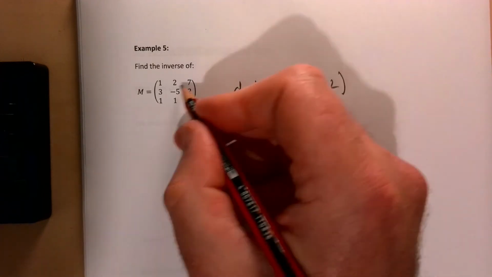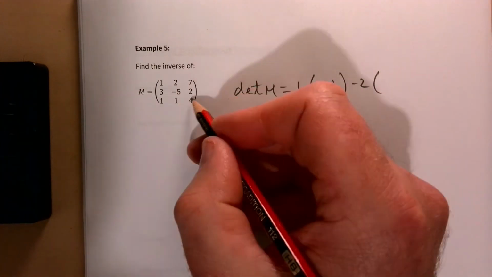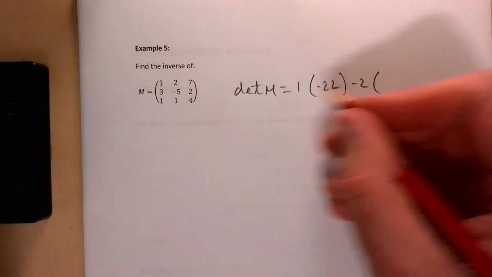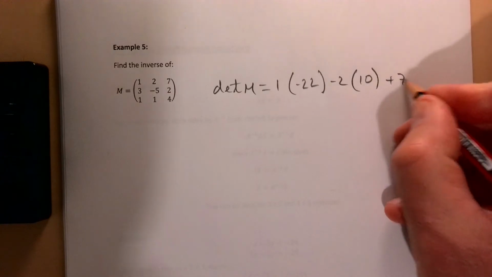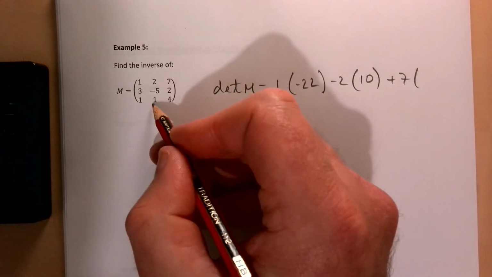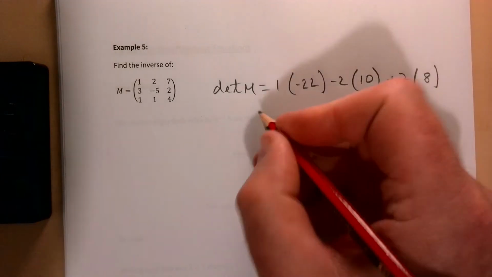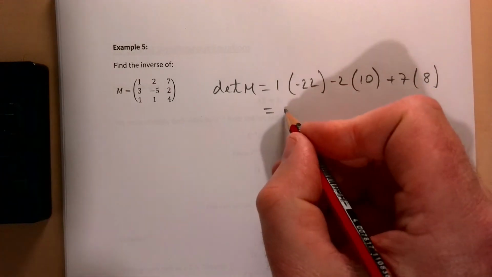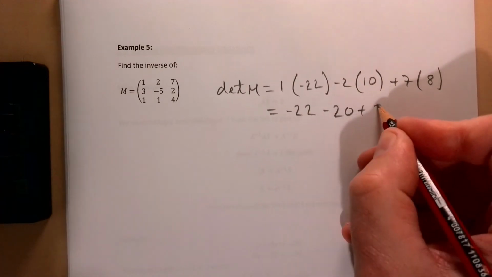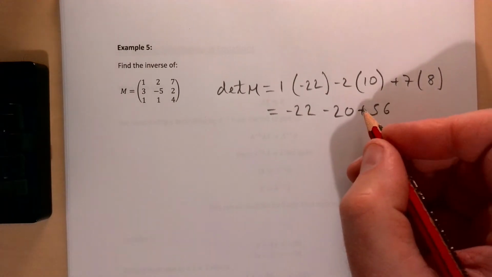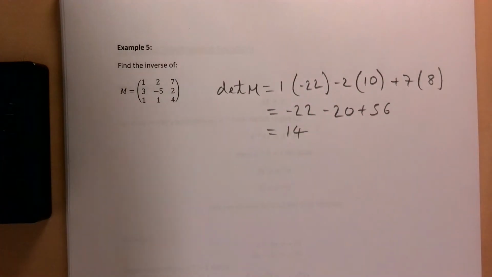And of course remember it's minus 2, the bit people forget. 12 take away 2, which is 10, plus 7, 3 minus 5, which is 8. So we have minus 22 minus 20 plus 56. And so our determinant then is going to be 14.